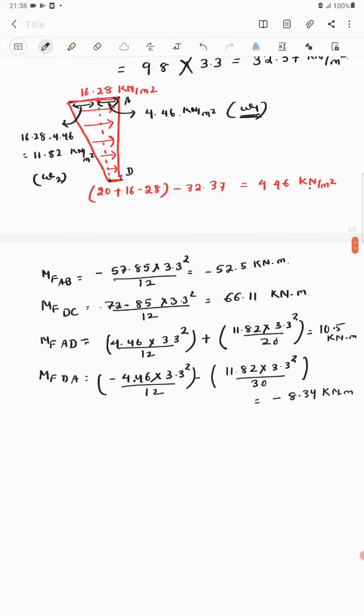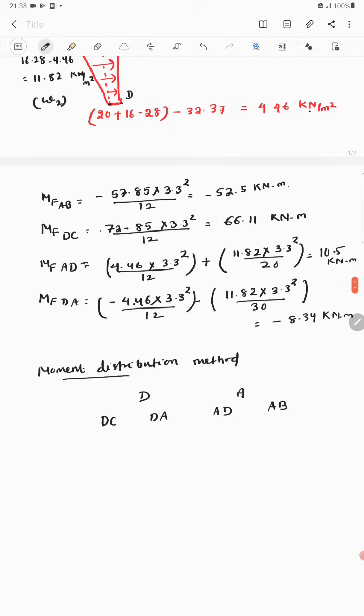Now I'll calculate the total moment. So I'll use the moment distribution method. There are two joints, D and A. Here the members are DA and DC, and at A, AD and AB.